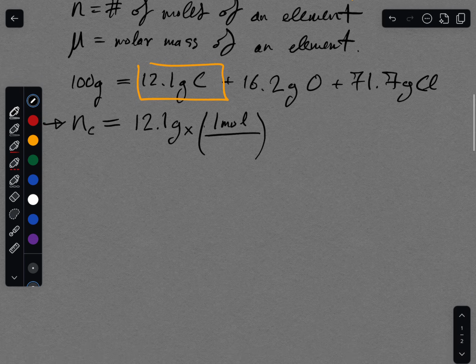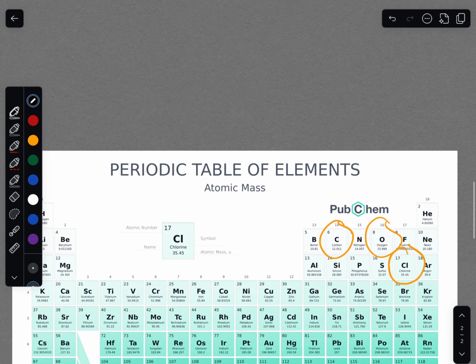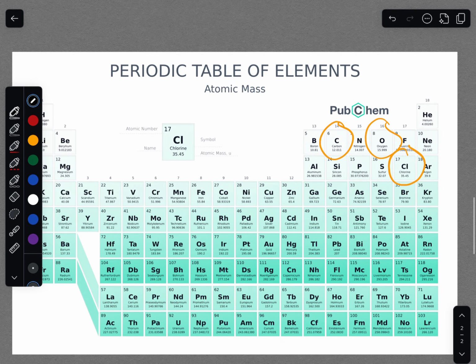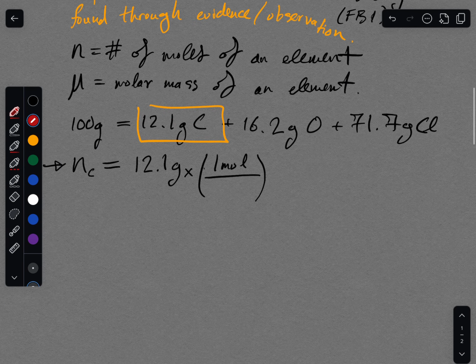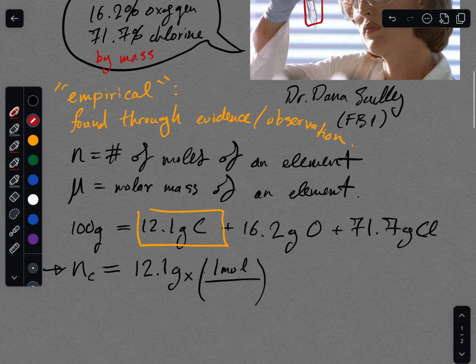So if I scroll down to my periodic table, I see the molar mass of carbon is about 12.011. Okay, I'm just going to say 12.01 grams.